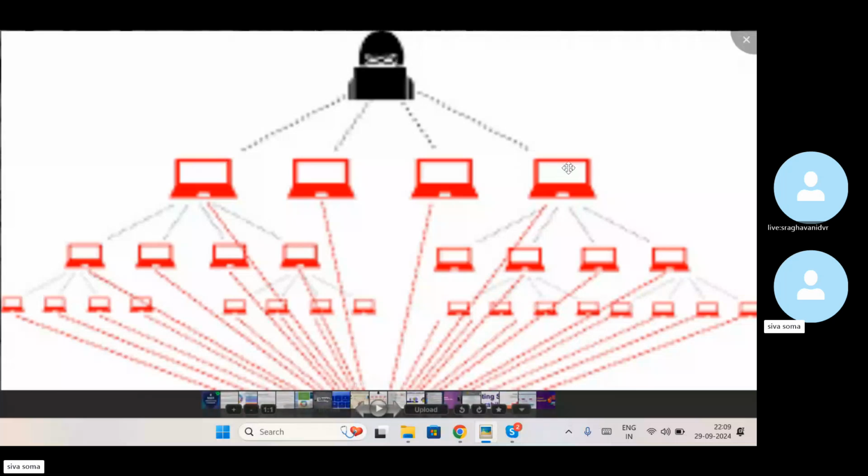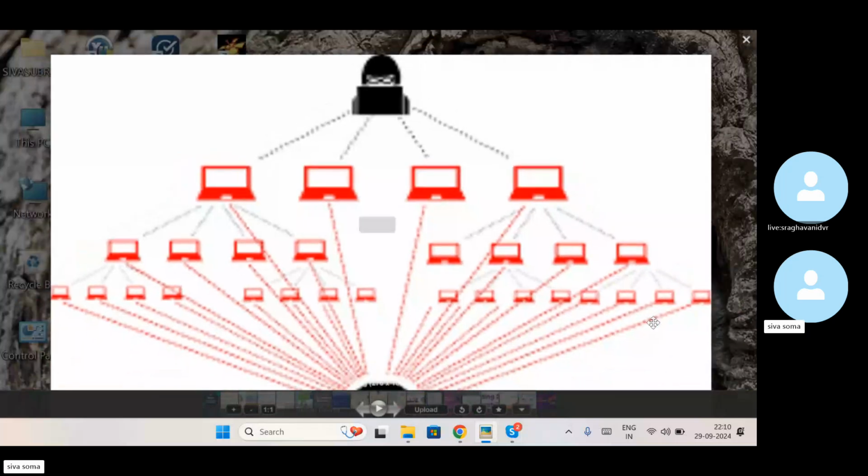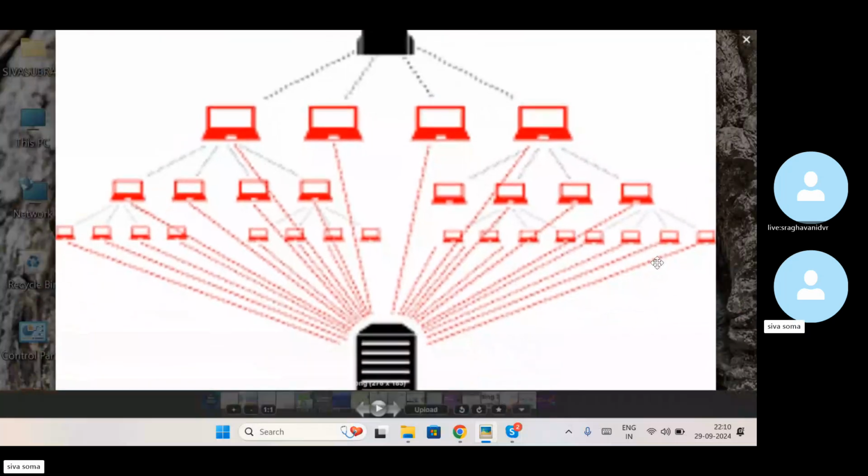These are all called bots. A single system is called a bot. Multiple devices are called a botnet. Using that botnet, he launches an attack against a particular server. This is called DDoS attack.